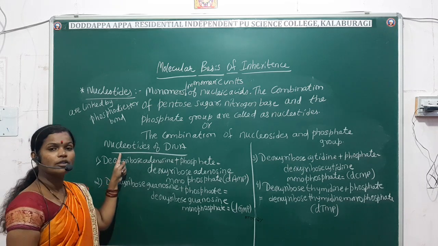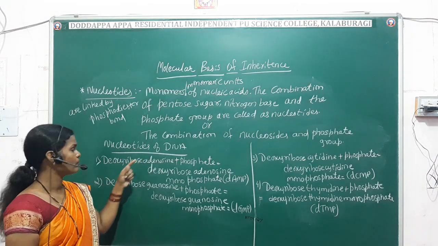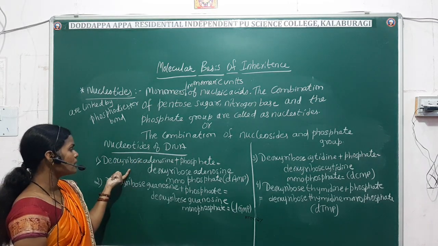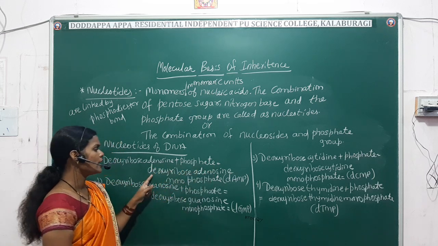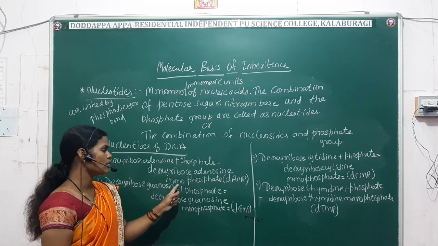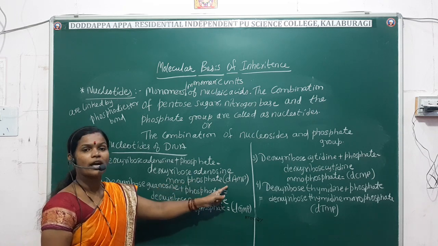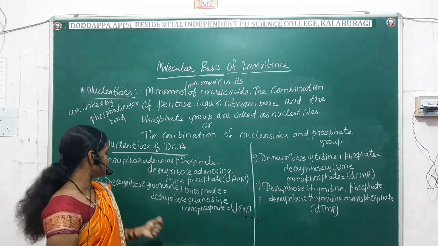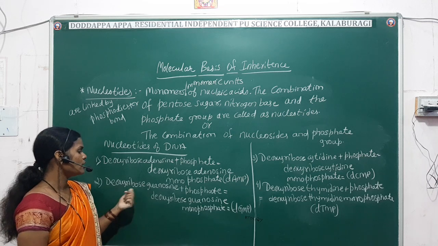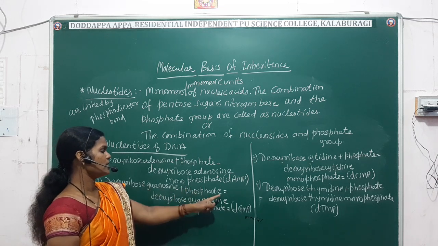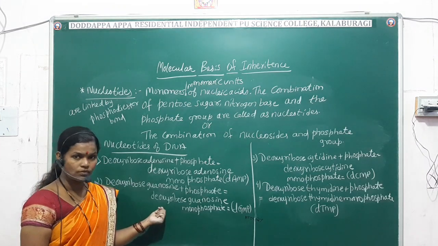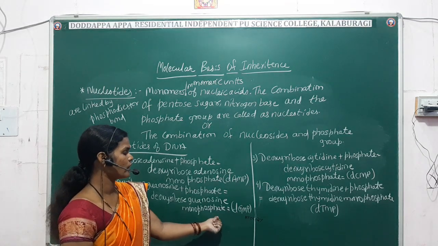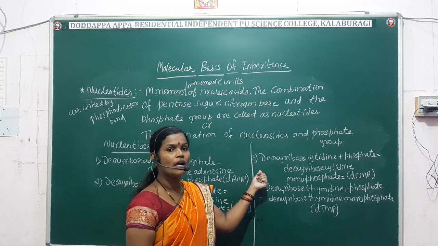Then we are going to see the nucleotides of the DNA. Deoxyribose adenosine plus phosphate is equal to deoxyribose adenosine monophosphate, DAMP. Deoxyribose guanosine plus phosphate is equal to deoxyribose guanosine monophosphate, DGMP.